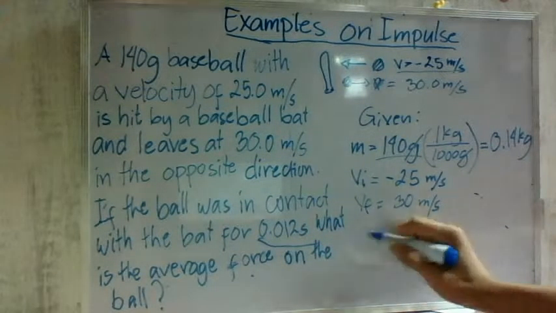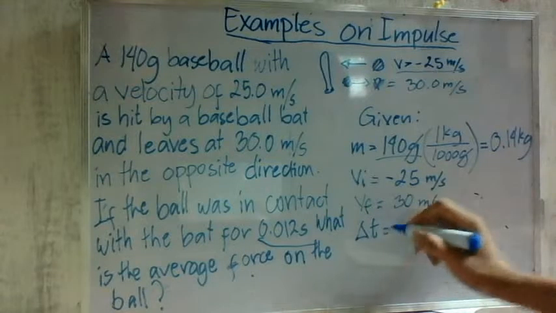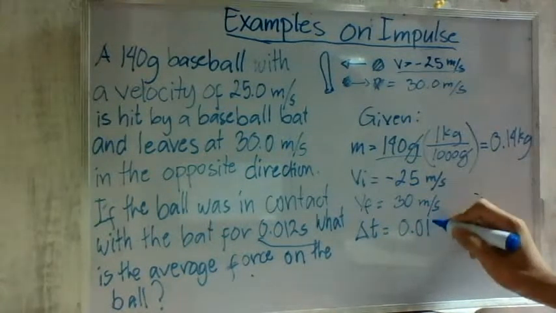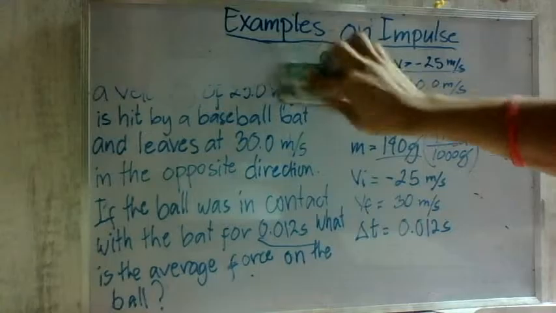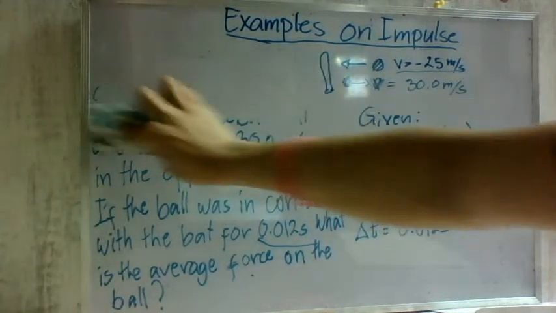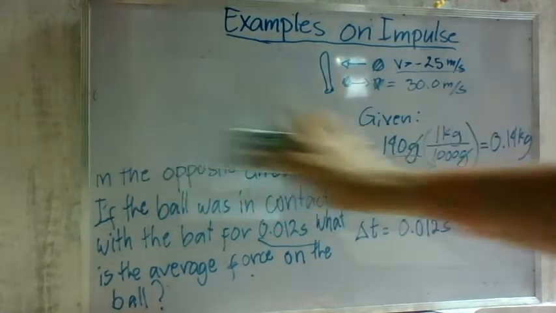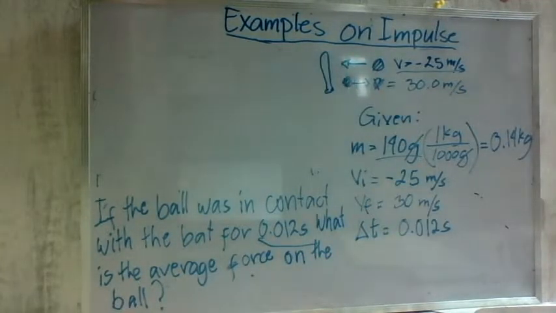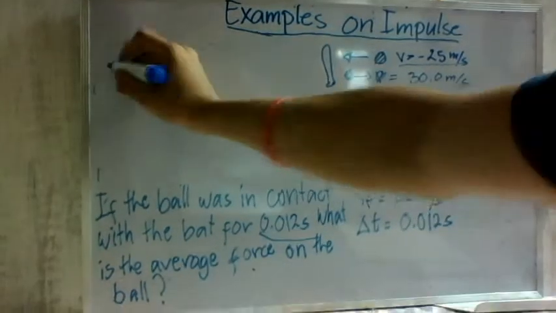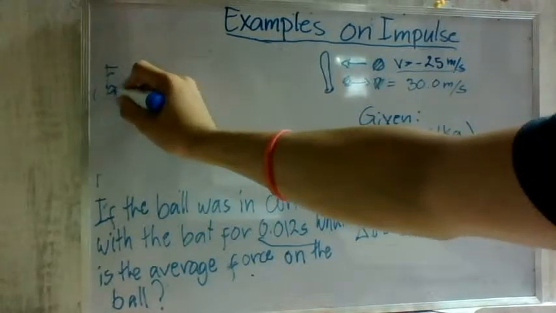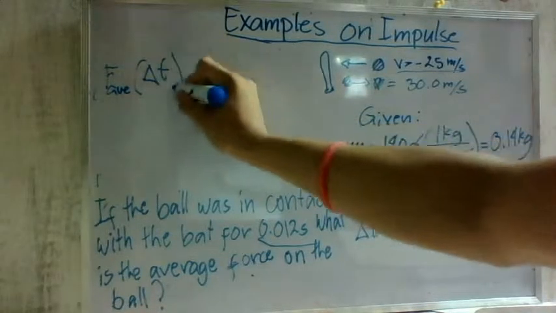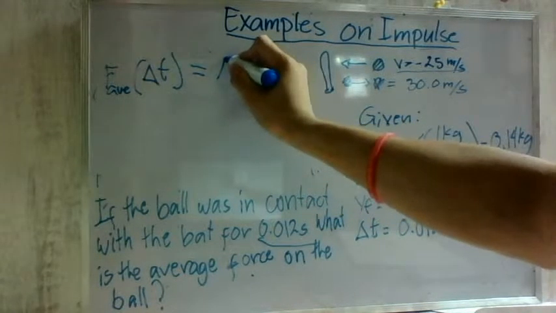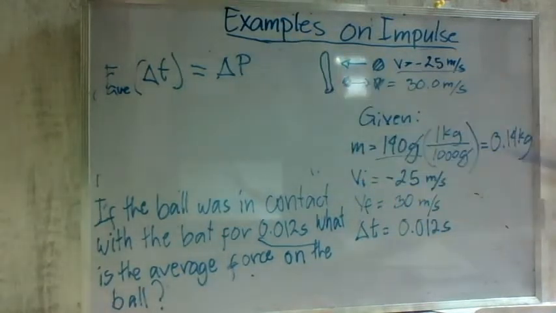Tapos atong change in time is 0.012 seconds. So atong gamiton nga formula is F average times the change in time is equal to the change in momentum.